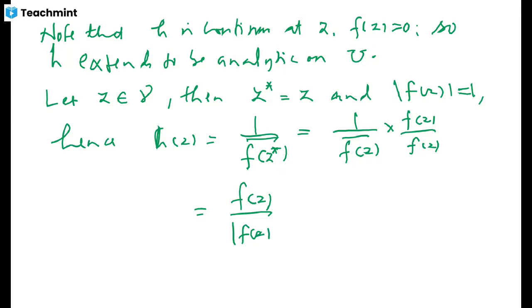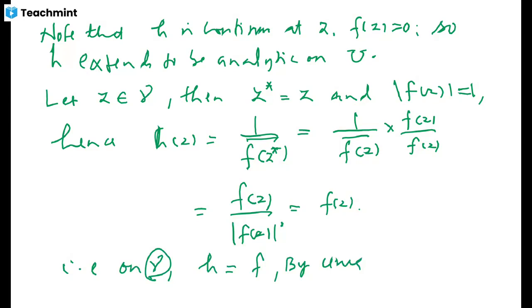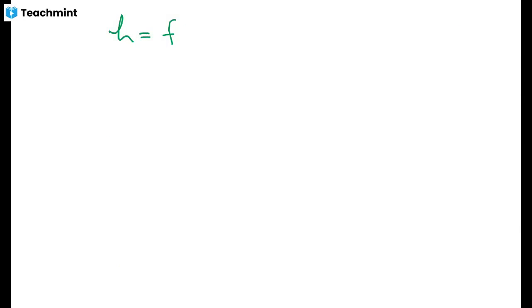So on gamma this analytic function h is equal to f, and this gamma is a curve, it doesn't have any isolated points, hence by the uniqueness principle, it follows that h and f are identical. h is equal to f everywhere it is defined.